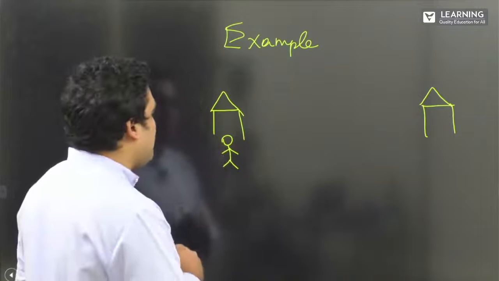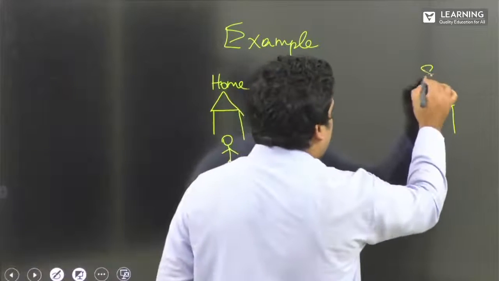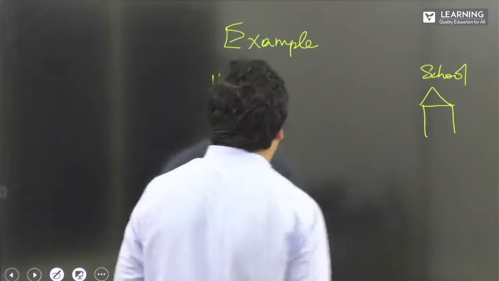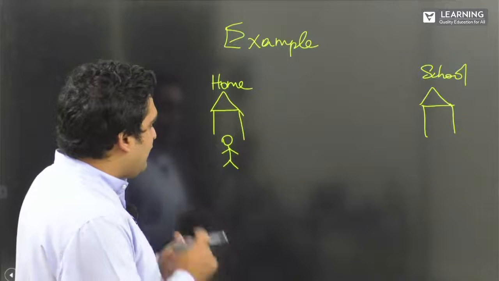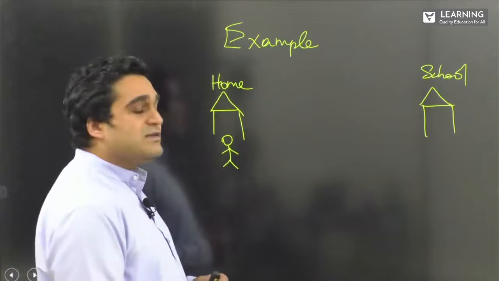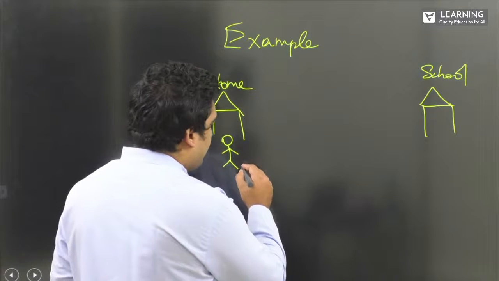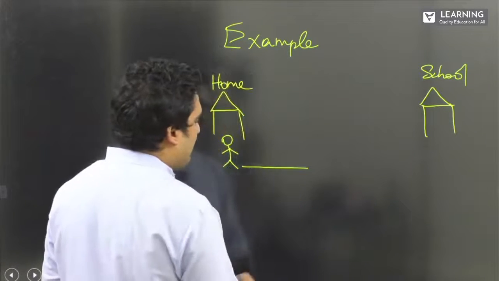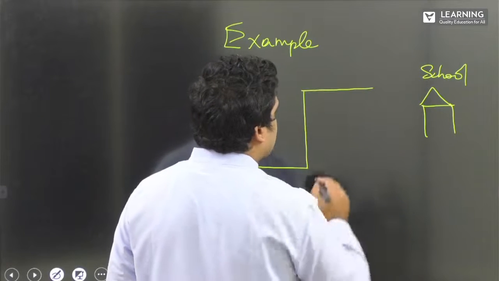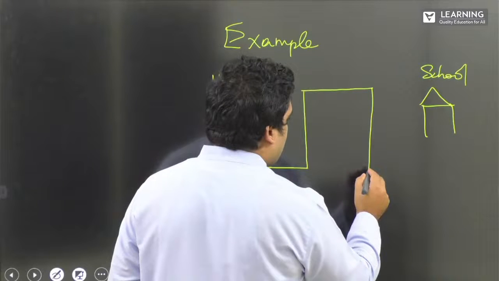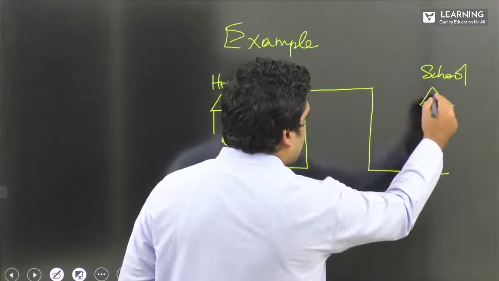So he starts from home and he heads to school. The path from home to school is twists and turns. I will represent it by this, where he moves straight, goes up, moves sideways, goes down, moves sideways, and then reaches school.